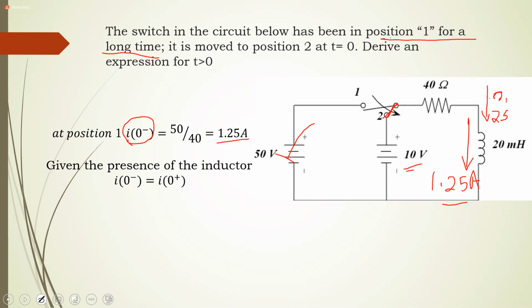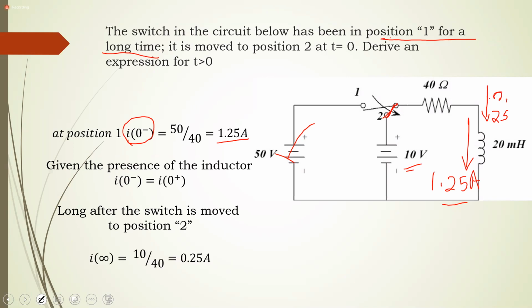Steady state solution. The new steady state. So long after the switch is moved to 2, I at infinity is 10 over 40, which you just said, which is 0.25.